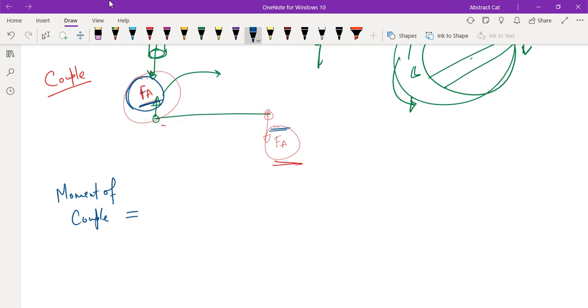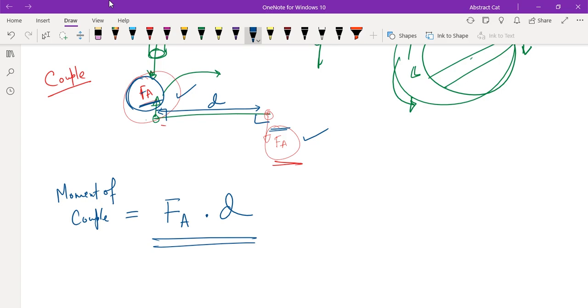Either one of these forces, because their magnitudes are the same, is the applied force, multiplied by the perpendicular distance between the two forces of the couple. The perpendicular distance is at 90 degrees, called d. So force times d is called the moment of couple.